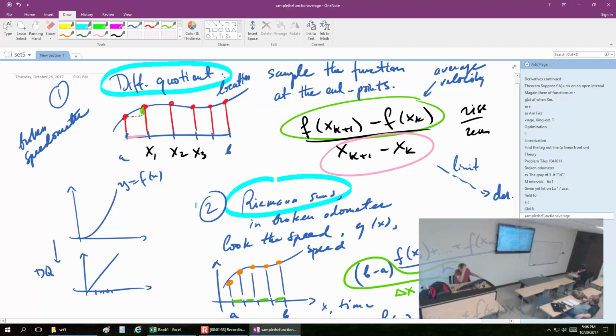The only thing that remains in these two representations is where that value is to be assigned. Okay, so let me start over with Riemann sums.